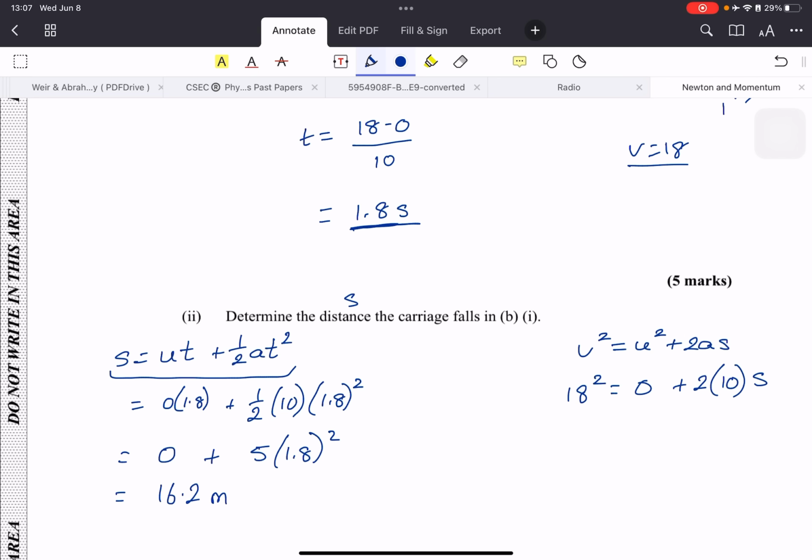So let me work out the numbers first. That seems to be the easier thing to do. So 18 squared is 324. Then we have the 0, and 2 by 10 is 20 by s. So to make s the subject of the formula, we just divide 324 by 20. And if you do that, s is 16.2 meters. So no matter which formula you use, you will get the right answer.